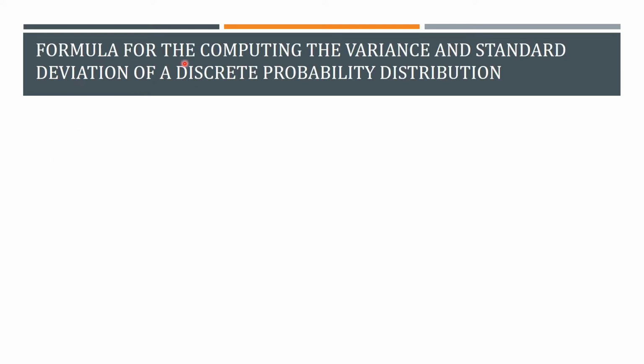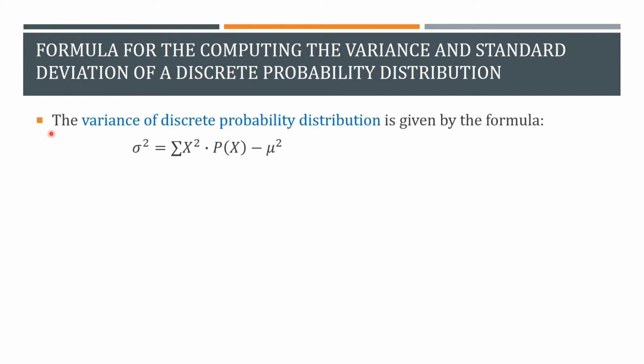Formula for computing the variance and standard deviation of a discrete probability distribution. The formula for our variance is variance equals the summation of x squared times p of x, minus the mean squared.